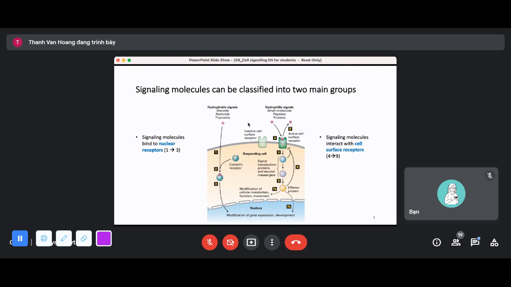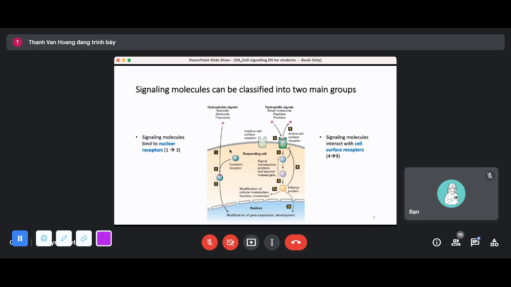Because our cell membrane, that you have learned already with Miss Myung, the cell membrane is hydrophobic, similar to the hydrophobic signals, like sexual hormone, steroid, or retinoic acid. Because steroid or retinoic acid signals are hydrophobic, they enjoy lipid. They can go through the membrane. They are also small. They can cross the cell membrane themselves without any other molecule.